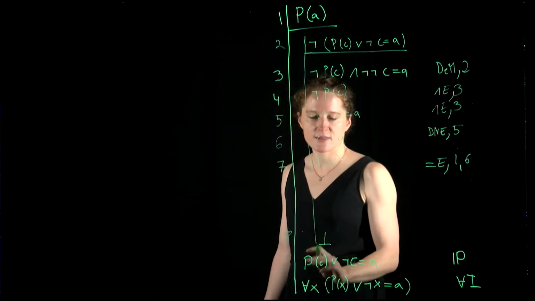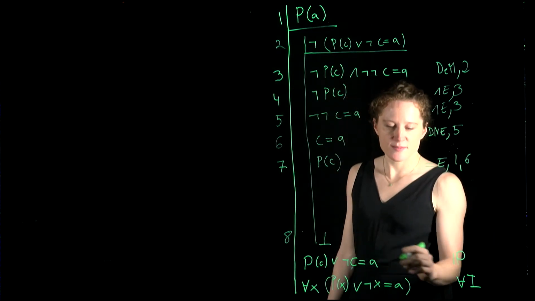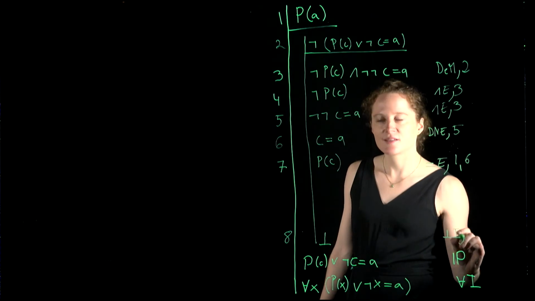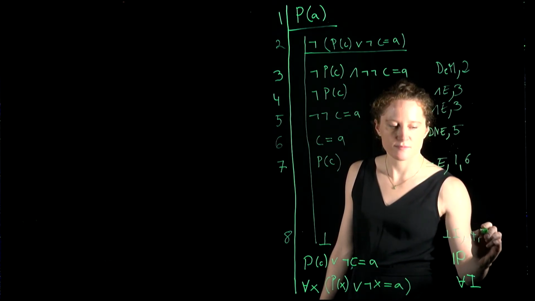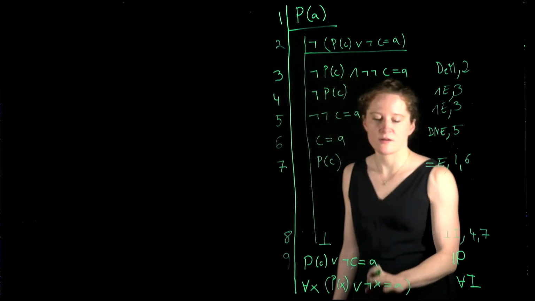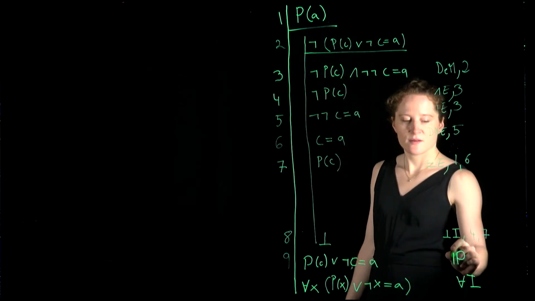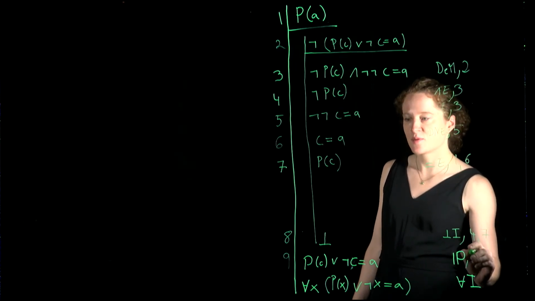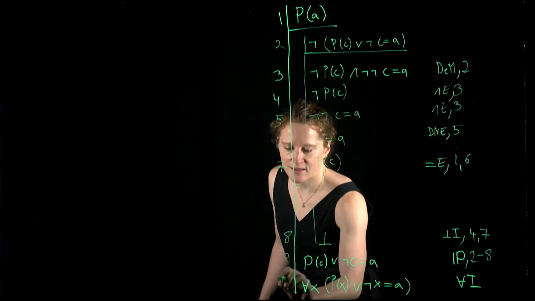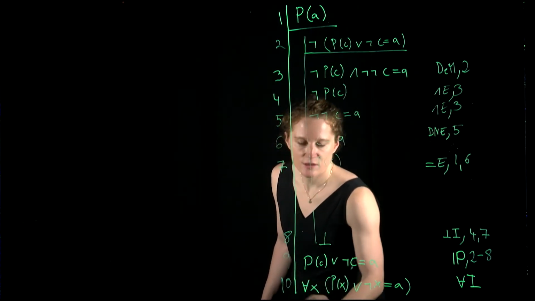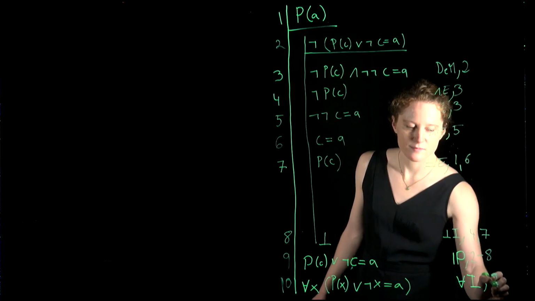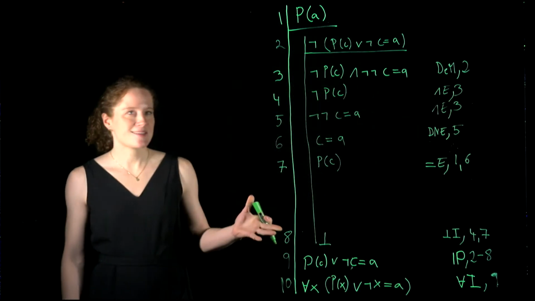So these two lines contradict each other, which allows me to infer bottom using bottom introduction applied to lines 4 and 7. And now I can infer PC or not C equals A using indirect proof and citing the subproof from 2 to 8. And I can infer my final conclusion using universal introduction applied to line 9. So that's our final proof.